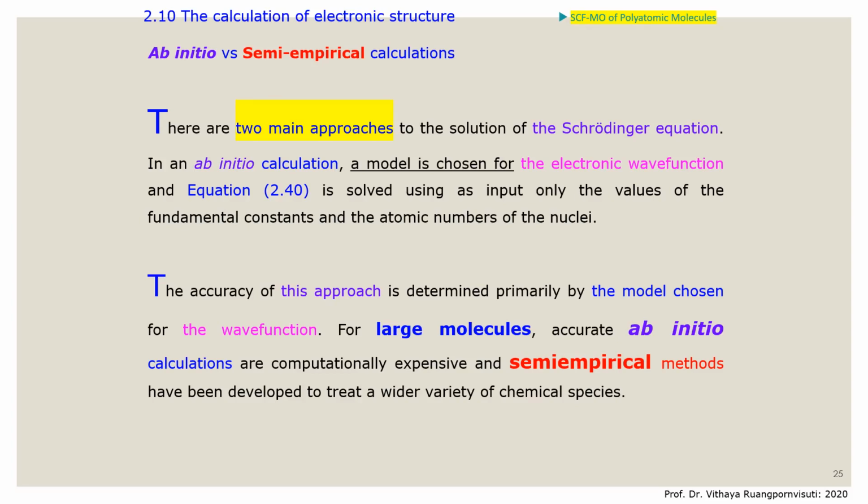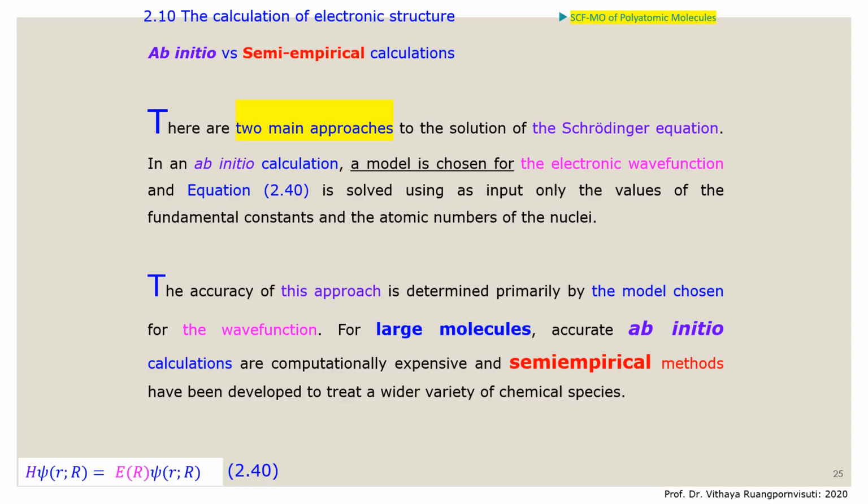In an ab initio calculation, a model is chosen for the electronic wave function and equation 2.40 is solved, using as input only the values of the fundamental constants and the atomic numbers of the nuclei. The accuracy of this approach is determined primarily by the model chosen for the wave functions.